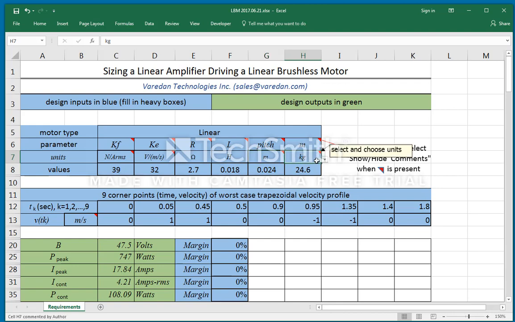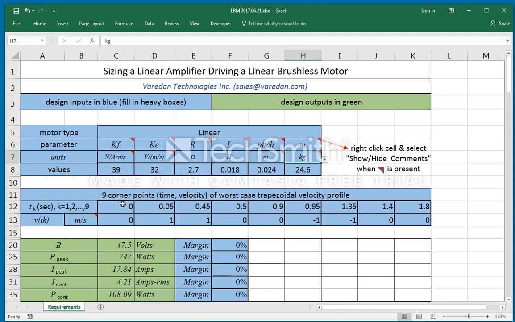This is meters, and then the mass units. So we input the values. I've already entered those here: 39, 32, 2.7, 0.018 henries, or 18 millihenries, 24 millimeters. We want to be careful with the units, and the moving mass, 24.6 kilograms.